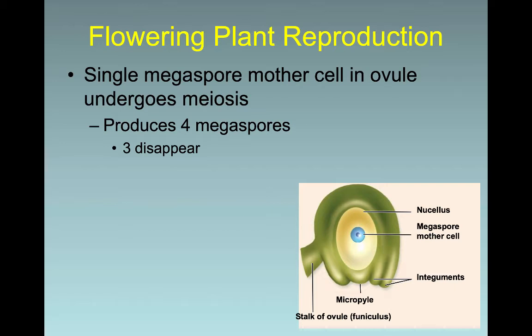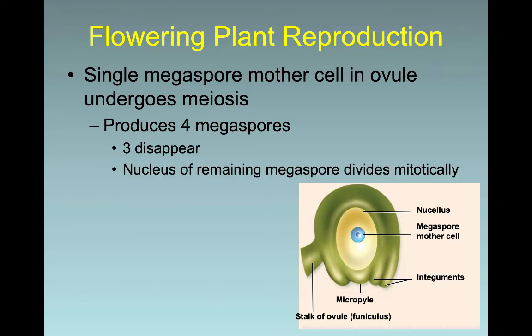The thing about this is that 3 of those 4 megaspores are going to spontaneously degenerate or disappear. They're just going to go away. They're reabsorbed by the plant, essentially. And so they go away, and then 1 megaspore is left remaining. Now, what's interesting here, and what's different from what we saw in the gymnosperms, is that 1 remaining megaspore is all of a sudden going to go through about 3 different rounds of mitosis.